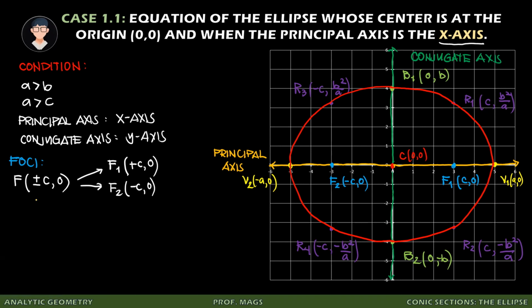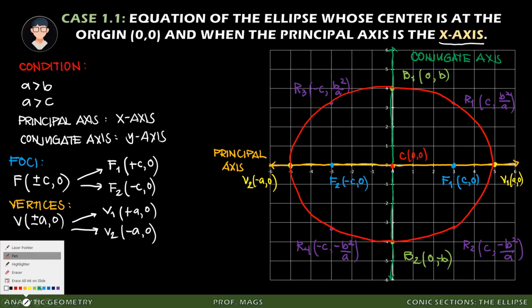What about the vertices? The vertices are symbolized as capital letter V, positive and negative a. So it can be broken down into V sub 1, the positive part of our vertices, so positive a, 0. Then V sub 2, the negative one, so negative a and 0.